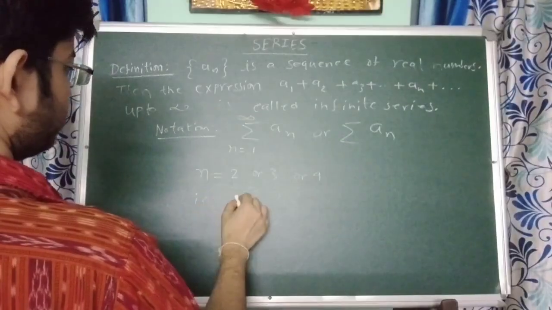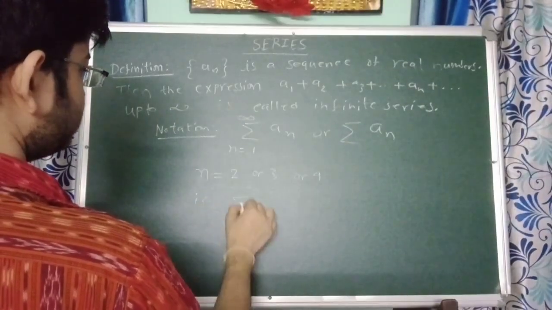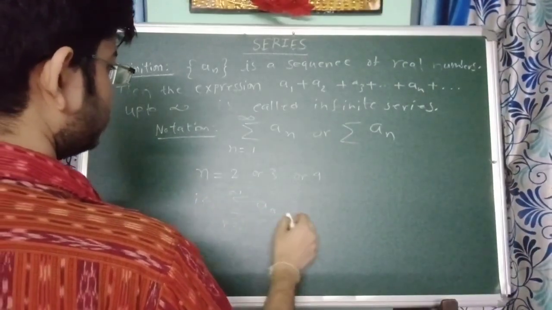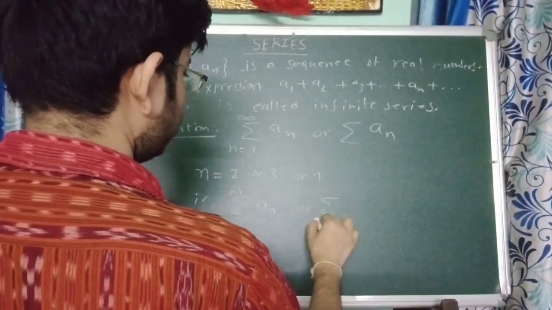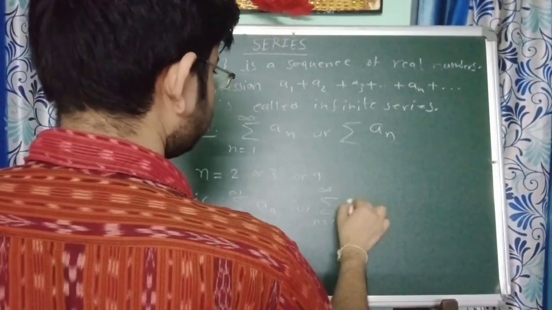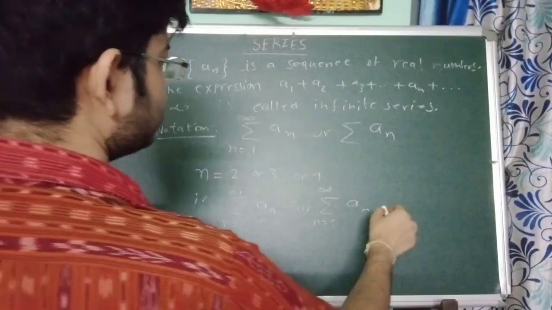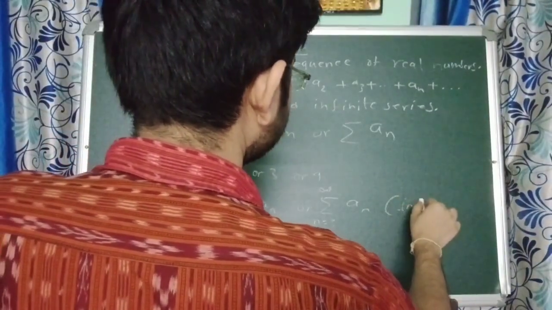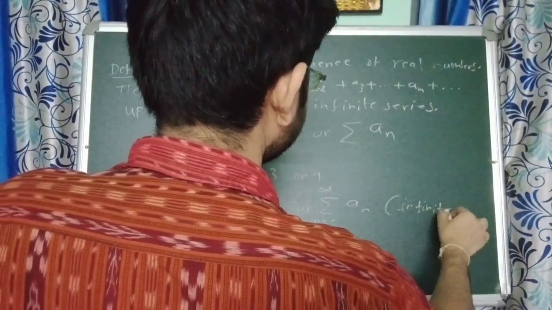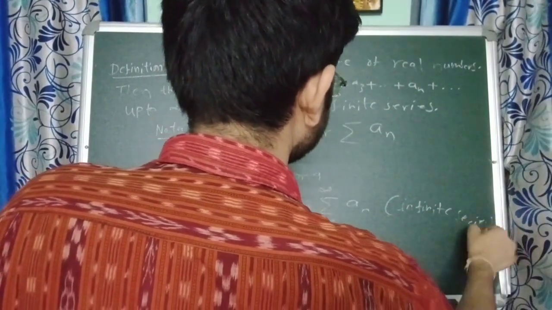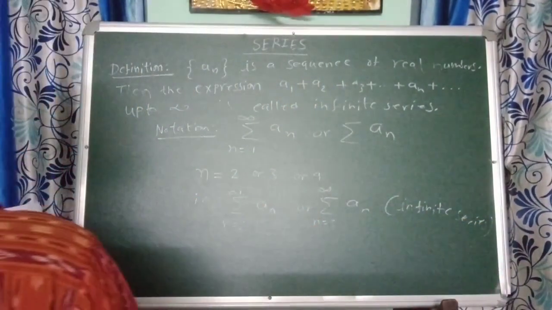That is summation n equals 2 to infinity, or summation n equals 3 to infinity, etc. is also an infinite series.